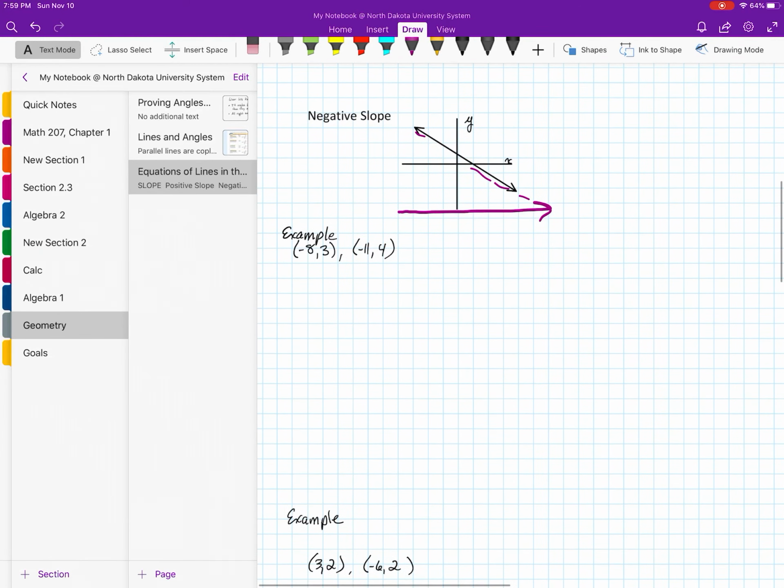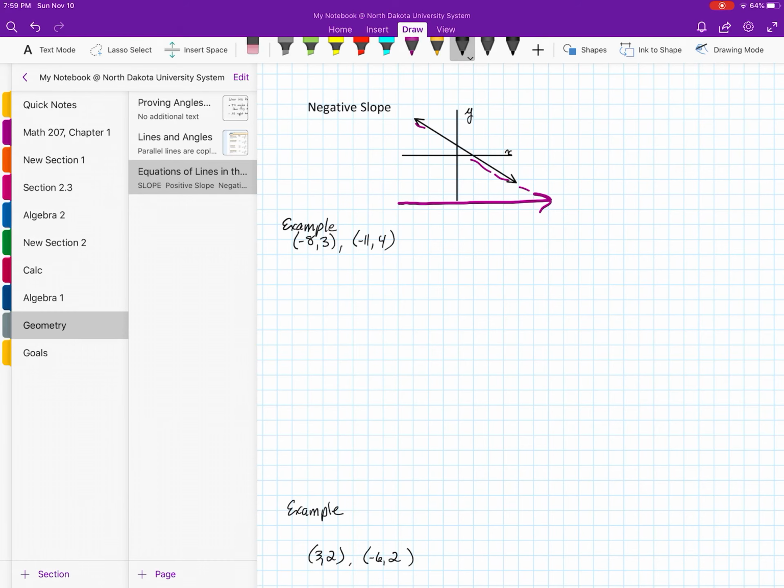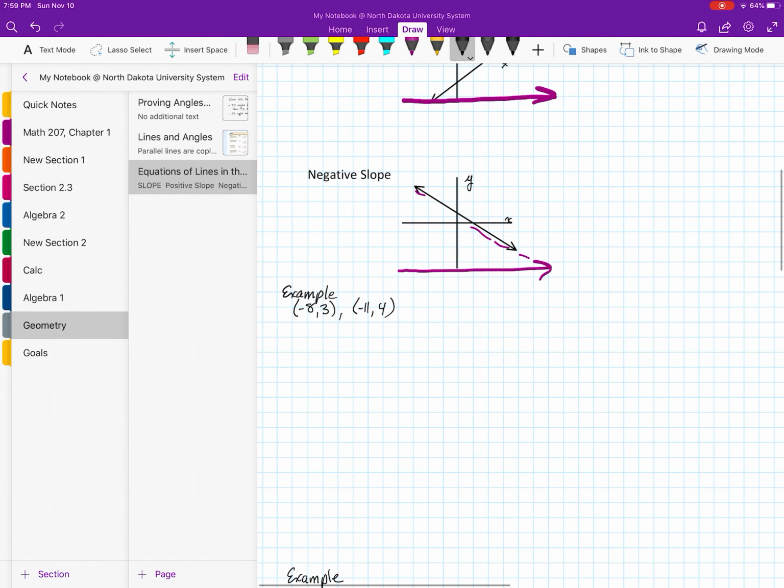Let's do an example. In this case, we have two points. And we can either graph them and count squares, or we can just use the slope formula. I like the slope formula.